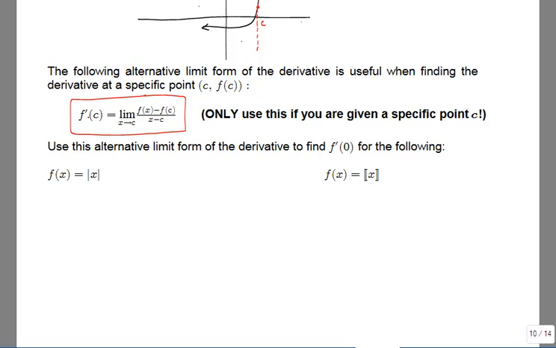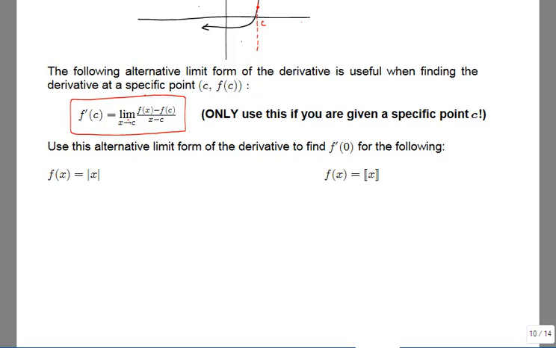The derivative at c is defined to be the limit as x goes to c of f of x minus f of c all over x minus c. And it should make sense why this limit definition works, because all we're doing here is we're taking the change in the y's over the change in the x's.